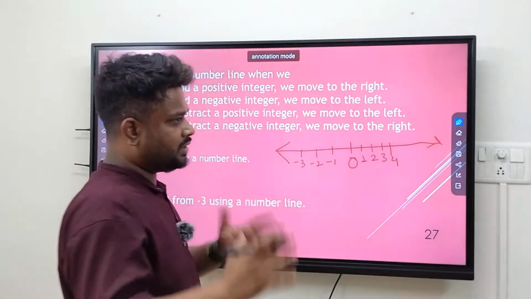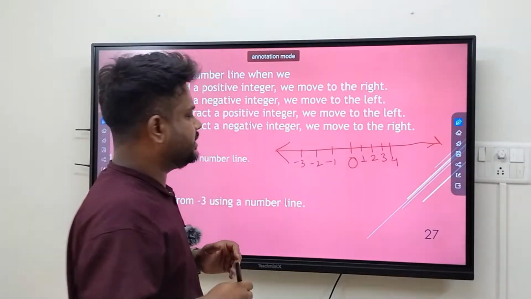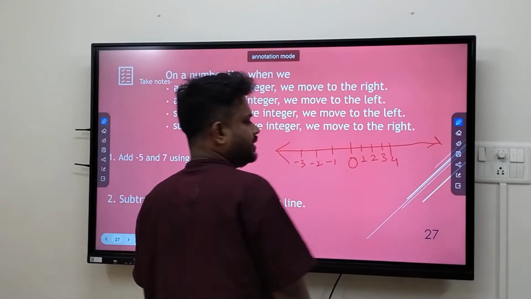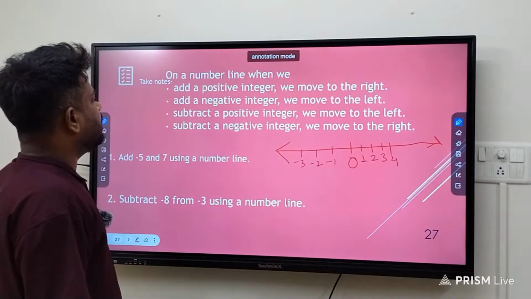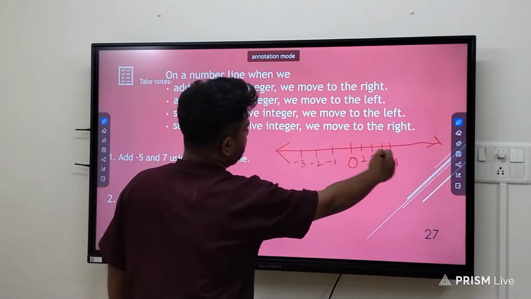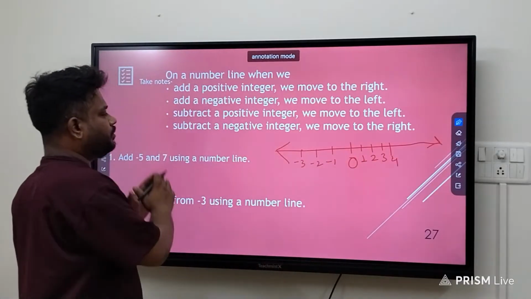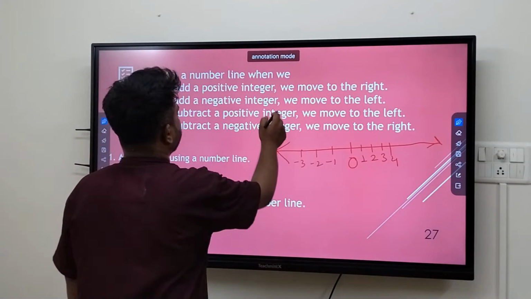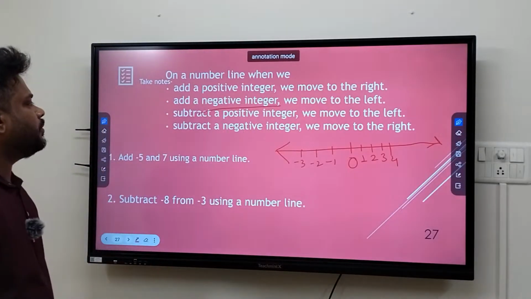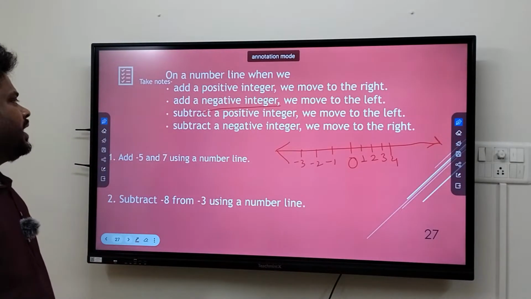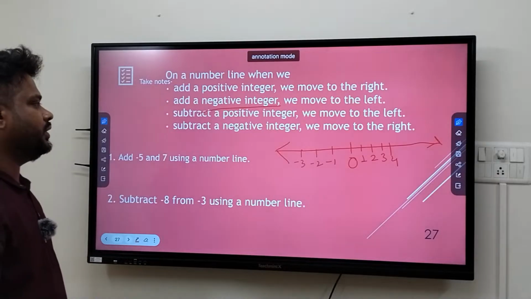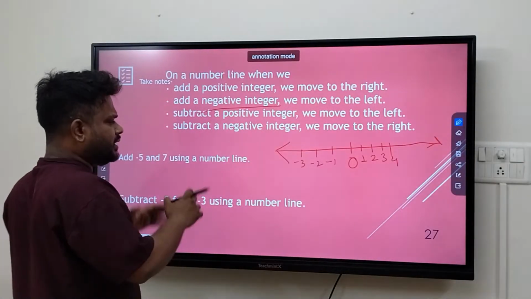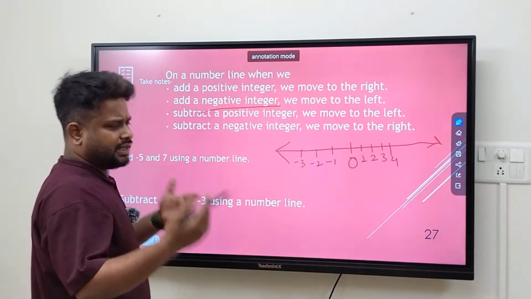And always try to view or write it taking this one as the right-hand side and this one as the left-hand side. Okay. So if we move to the right side, there will be all positive numbers, and if we move to the negative side or the left side, these will all be negative integers. Subtract positive integers, we move to the left, and subtract negative integers, we move to the right. Okay. This one I am going to explain better in the next slides.